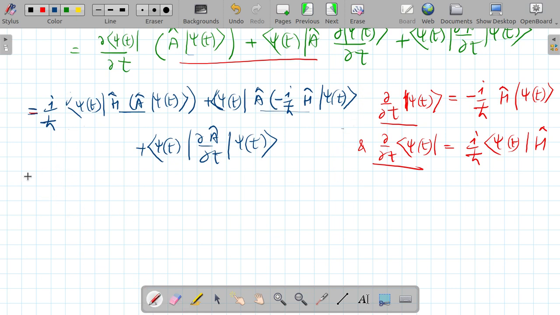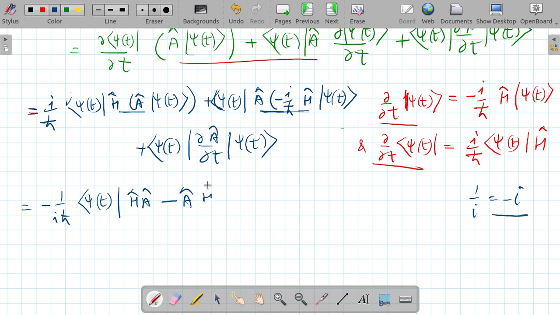Then it is equal to, now iota by h cross can be written as minus 1 over iota h cross, because 1 over iota is minus iota. I use this identity here, and now psi t can be taken here. Here it is HA, and from here it is AH.